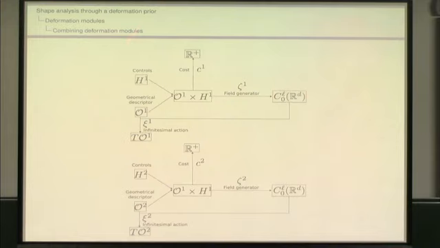Let's assume we have two deformation modules here. For instance, one generating a local rotation at a certain scale and one generating a local scaling at a certain scale. If we want to combine them, it means that we want to combine the generated vector fields. So we want our new deformation module to generate vector fields that are a combination of one rotation and one scaling.